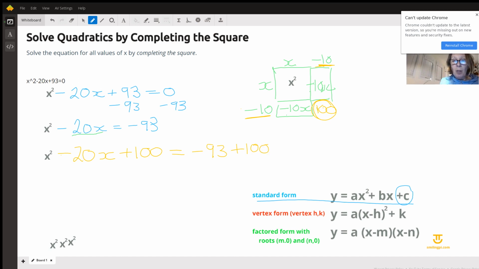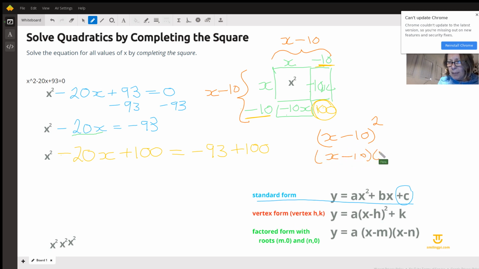So let's see how we can rewrite this. You'll notice over here, the dimension of the overall square is x minus 10 multiplied by x minus 10. If you don't quite believe me, x minus 10 all squared would be x minus 10 multiplied by x minus 10, and we can FOIL that real quick.